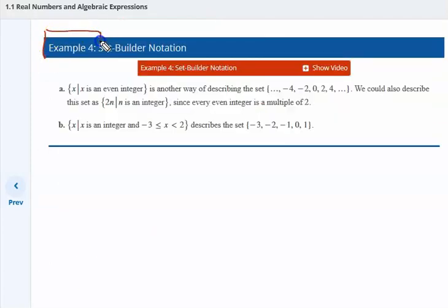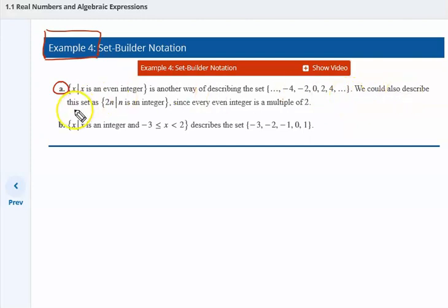In example 4 now, we're going to take a look at item A, where they're giving us an example of x such that x is an even integer. Well, another way of writing that, as you recall from our set notation, is roster notation, as we illustrate here.